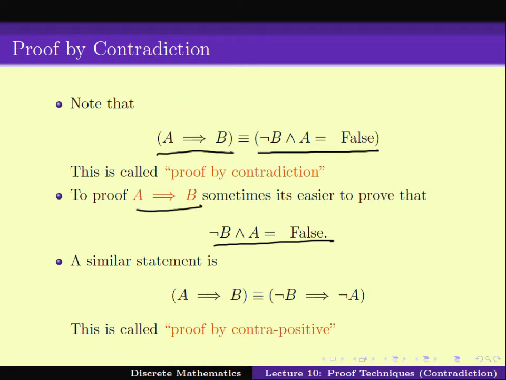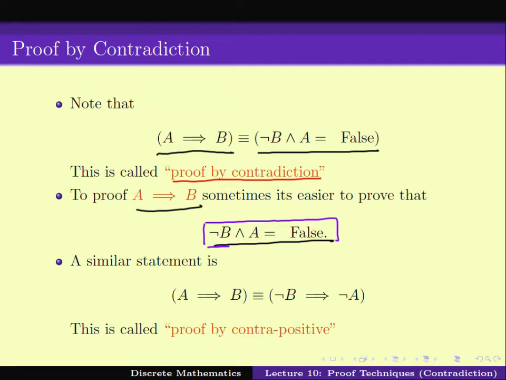This is what is called the proof by contradiction. So if you are asked to assume A and then prove B, what you can prove is the statement, namely not B and A is false.